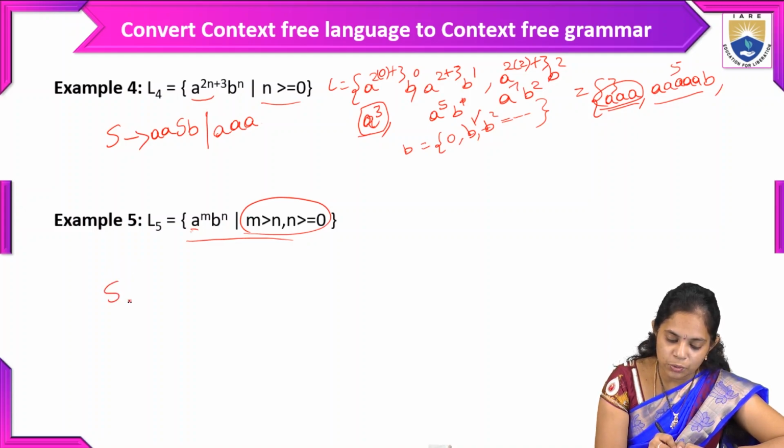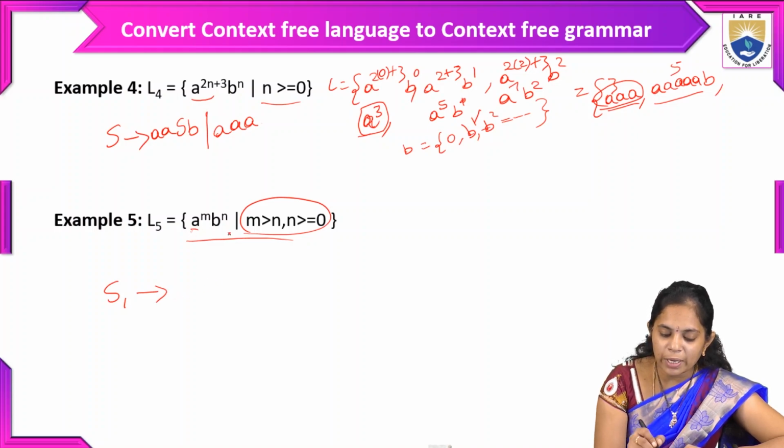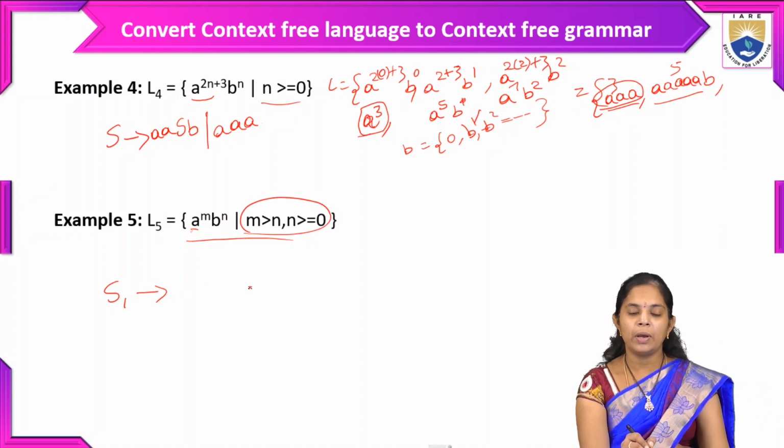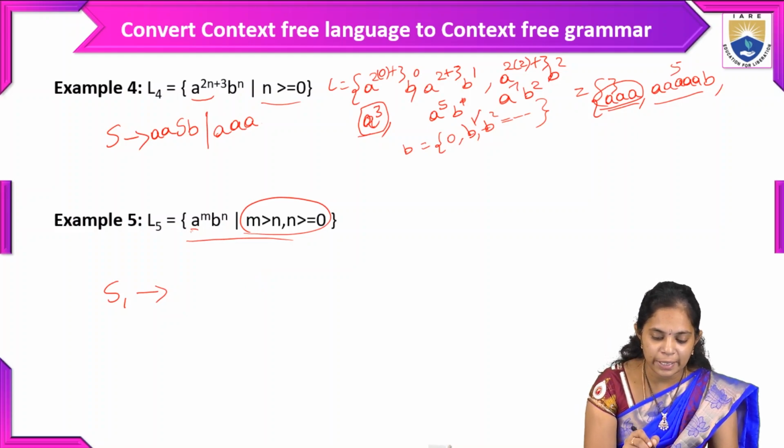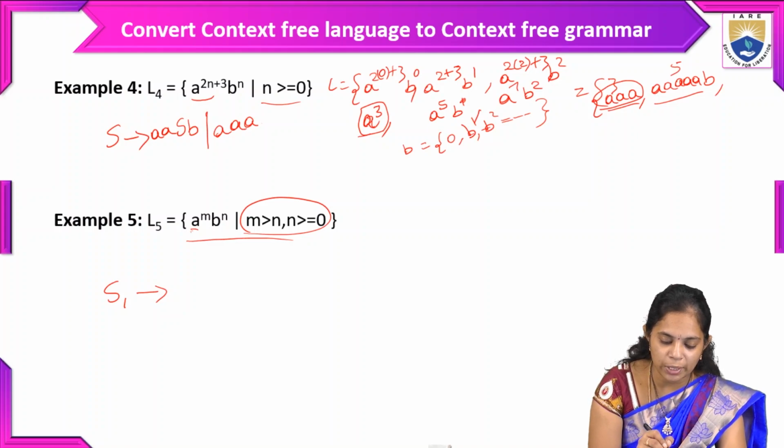So S tends to S1. Will take one more. S1 tends to A power n and B power n. So if both are equal, we'll get the value like A power n and B power n.